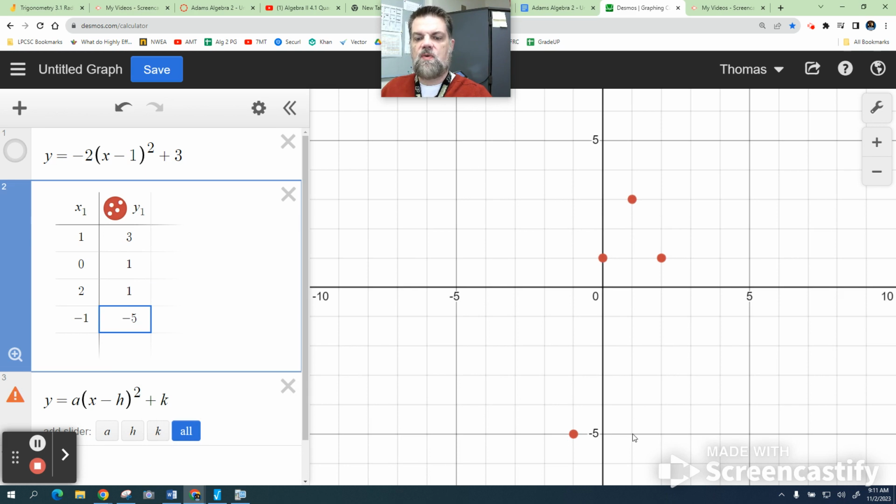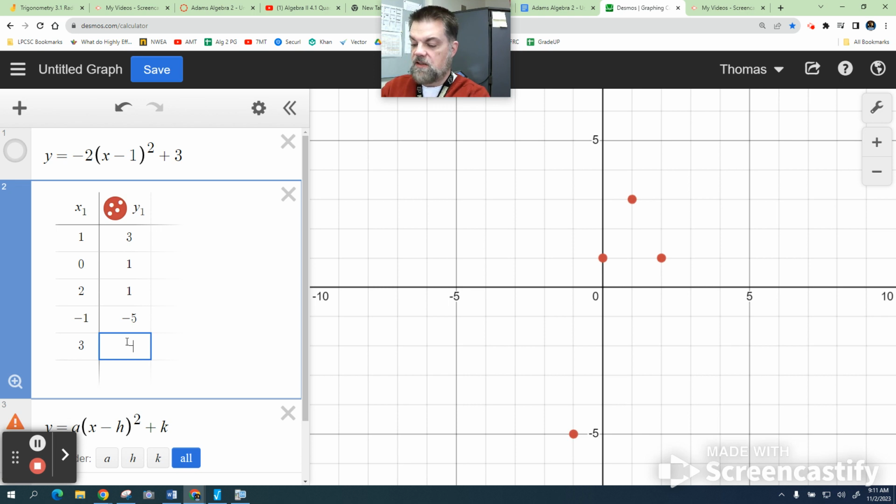Okay. Now imagine there's a line of symmetry that goes right here. How many units away is it from that line? 1, 2. So this imaginary line that's right here should go 1, 2. So I should have a point here at 3, -5. In other words, when I plug in 3, I should get -5. I should.